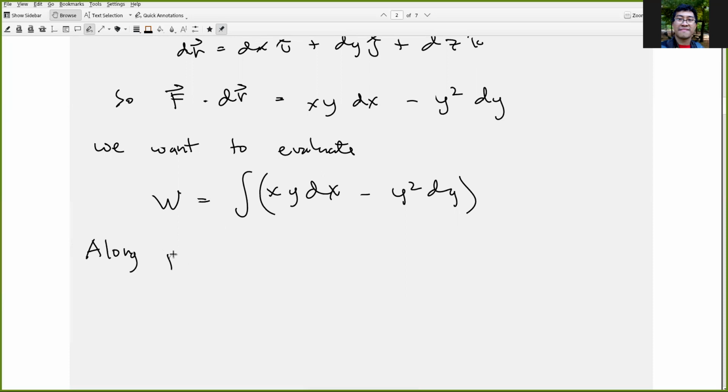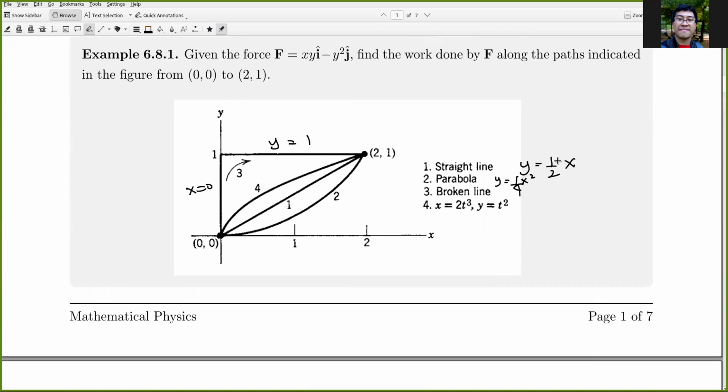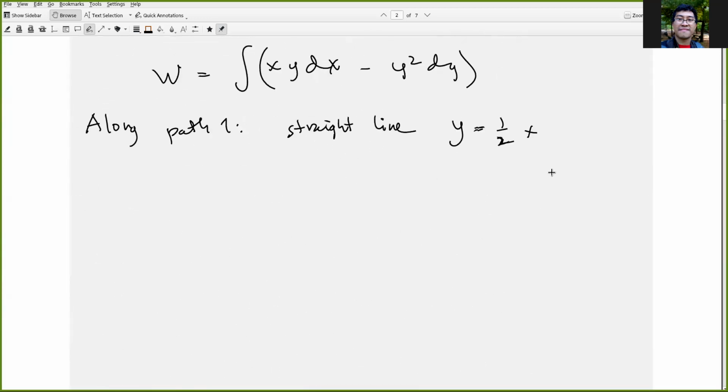So along path 1, for example, you have a straight line with equation y equals 1/2 x. Okay, so that's this one, y equals 1/2 x. So given this expression, then we have dy equals 1/2 dx.